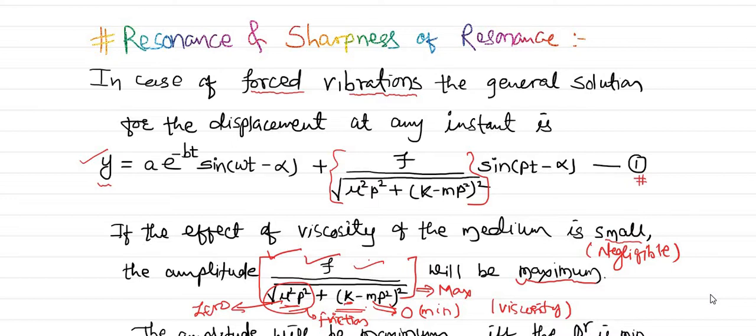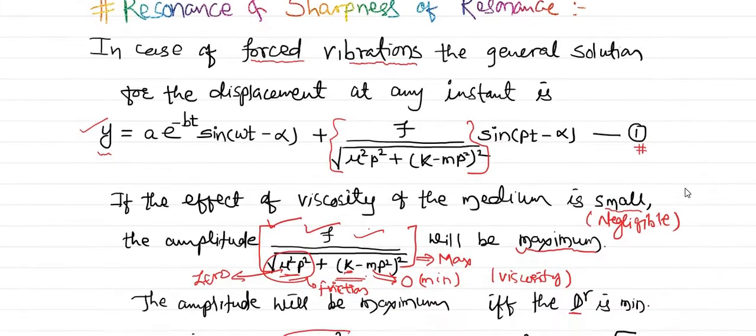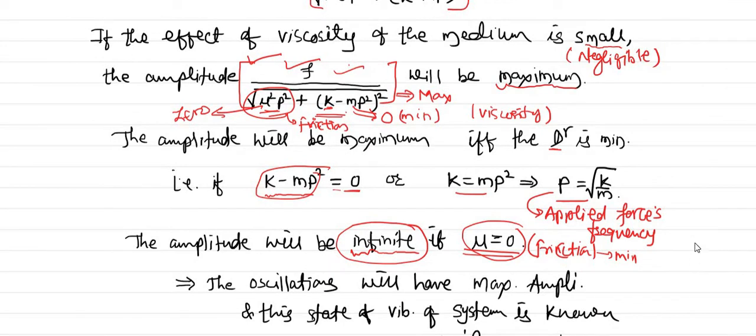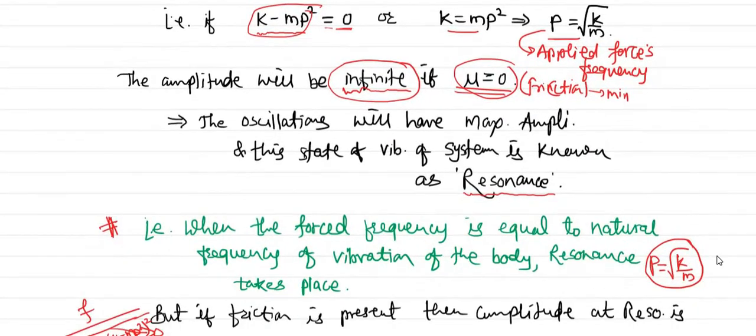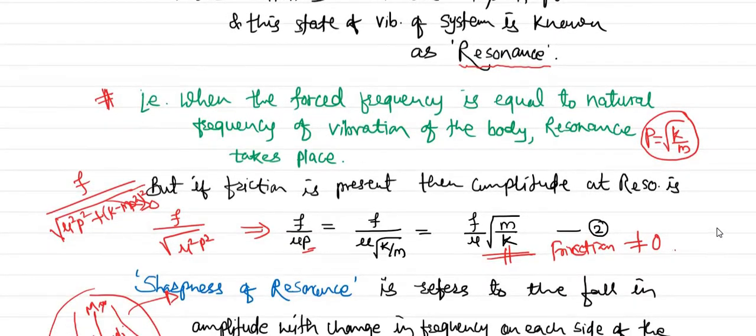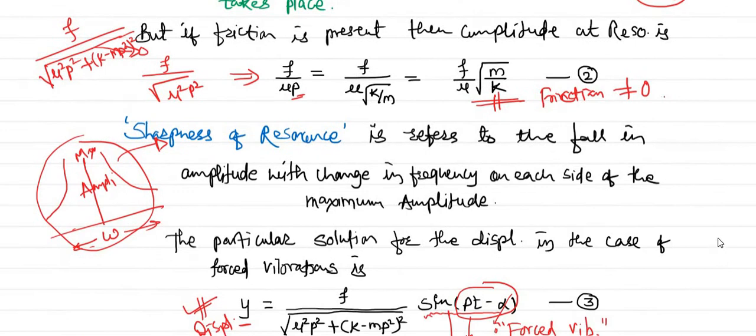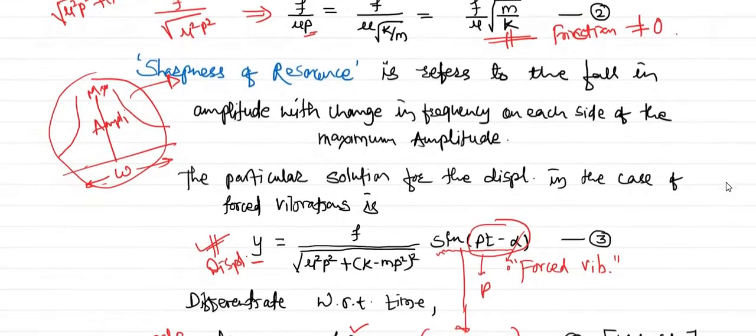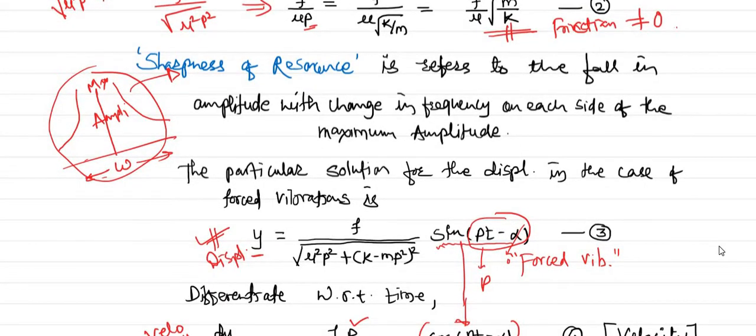Okay, and we have to talk more specifically about the sharpness of resonance. The sharpness of resonance is defined, or determined, by one particular parameter. That parameter we call the response. Yes, if you remember, we saw all these things in the last video. The sharpness of resonance refers to the fall in amplitude with the change in frequency on each side of the maximum amplitude.